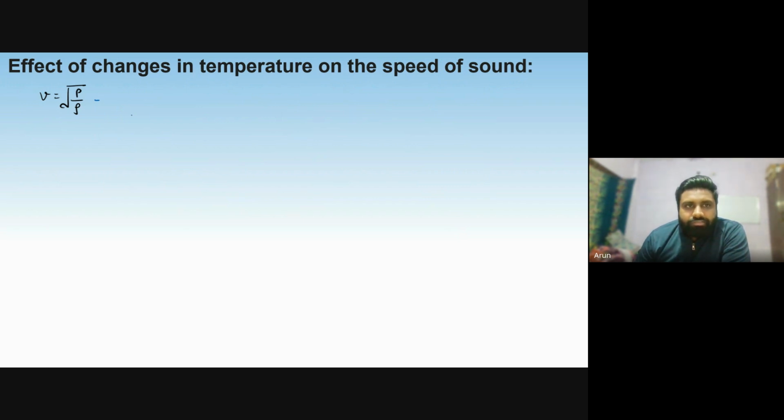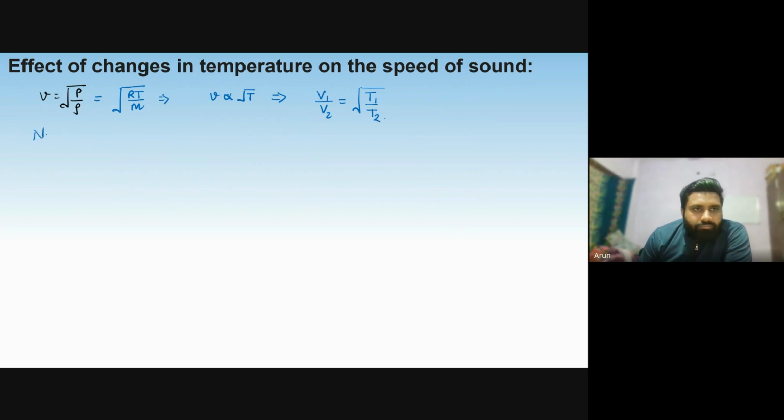I think it is visible to you. So P upon rho is nothing but RT upon capital M. So we can say that V is directly proportional to the square root of temperature, so we can conclude that V1 upon V2 equals the square root of T1 by T2.